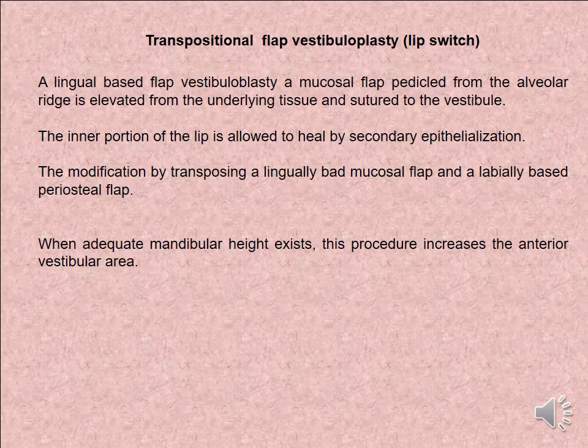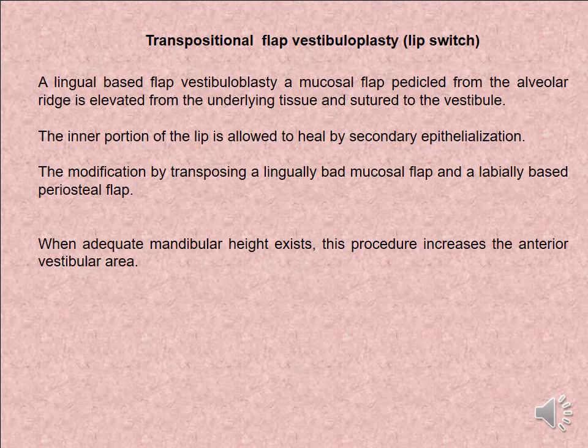The transpositional flap vestibuloplasty is also called the lip switch. In a lingual-based flap vestibuloplasty, a mucosal flap pedicled from the alveolar ridge is elevated from the underlying tissue and sutured to the vestibule. The inner portion of the lip is allowed to heal by secondary epithelialization.